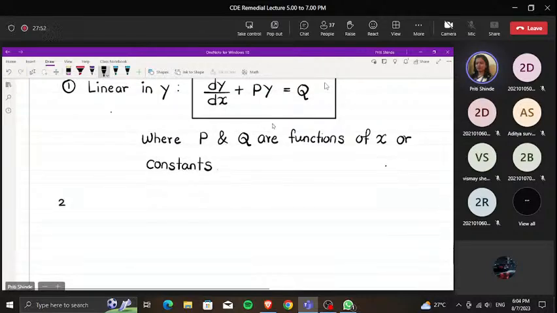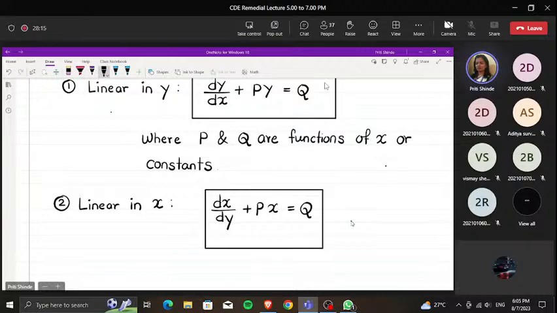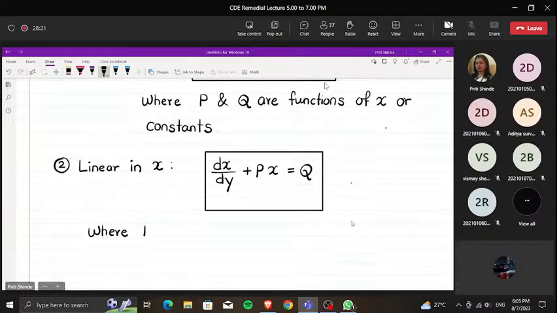And second type is linear in x. So linear in x means dx by dy plus px is equal to q. So see your differential equation contains only one x, where p and q are functions of y or constants.